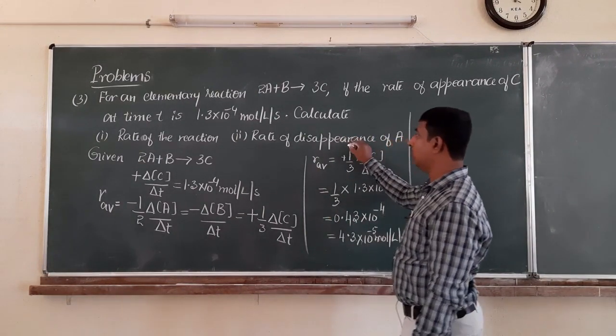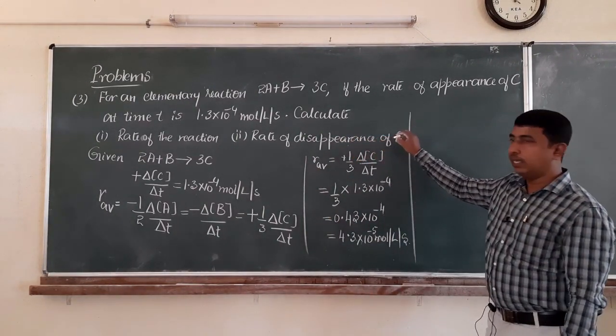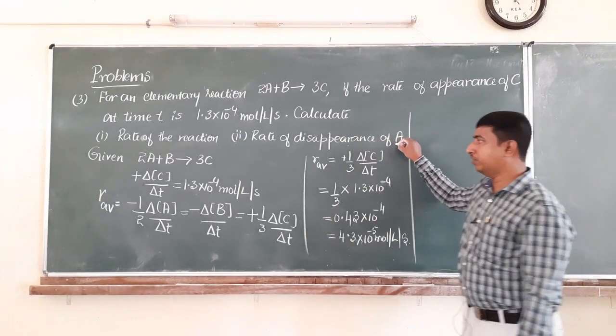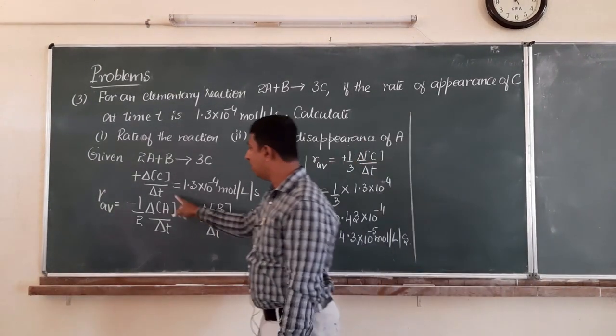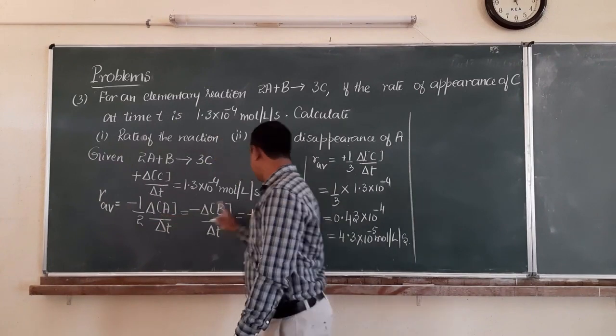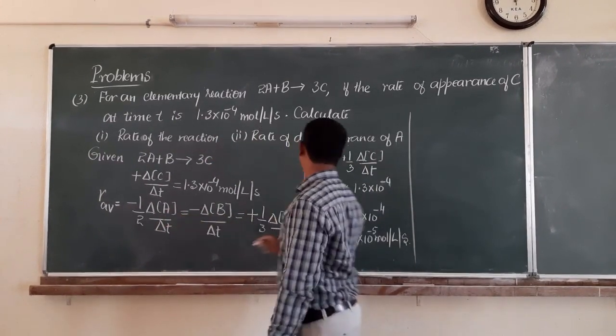One more, we have to calculate the rate of disappearance of A. This value you have to calculate. I will equate these two, the first one and the last one.